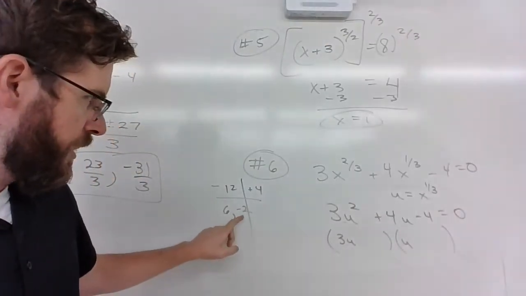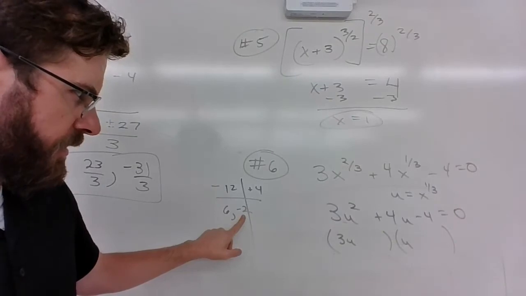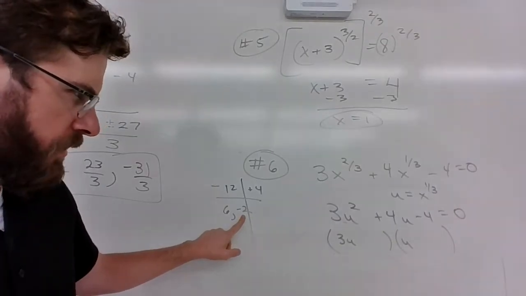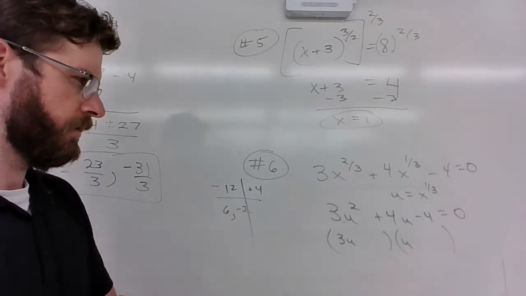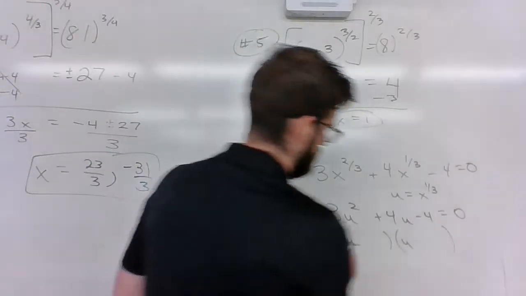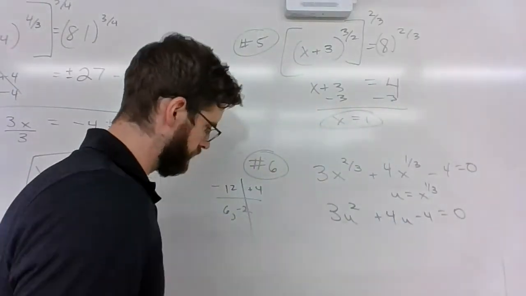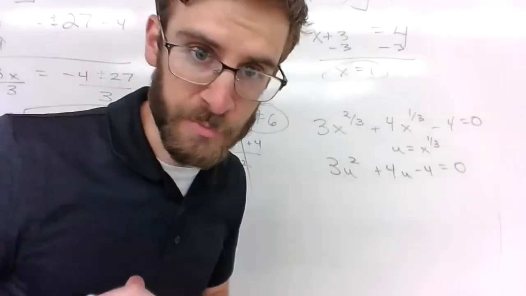So if I take 3u times negative 2, that gives me negative 6. That won't work. Or will it work? You know what? I just feel more comfortable in this one factoring it the long way. Please don't judge me.